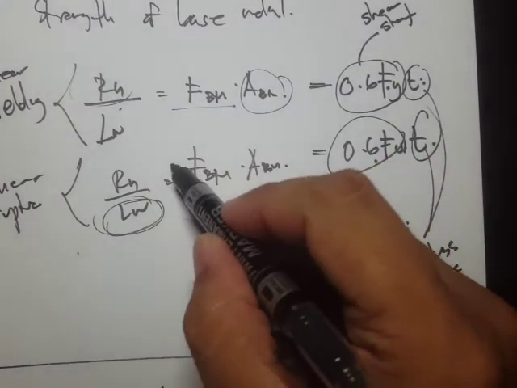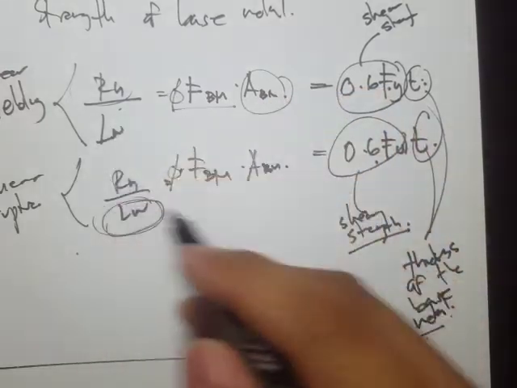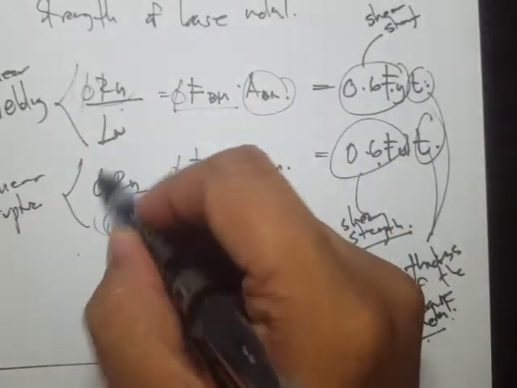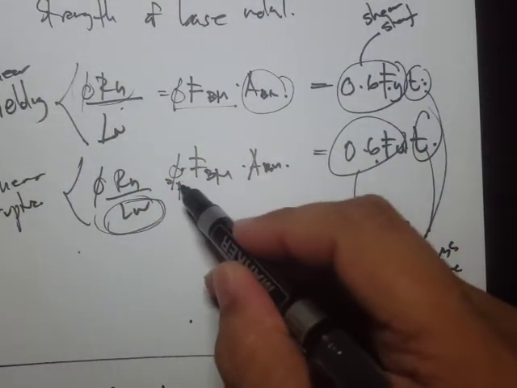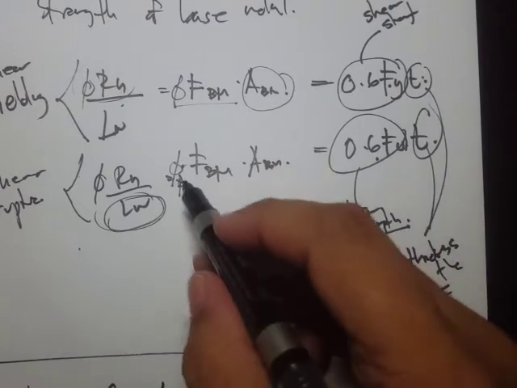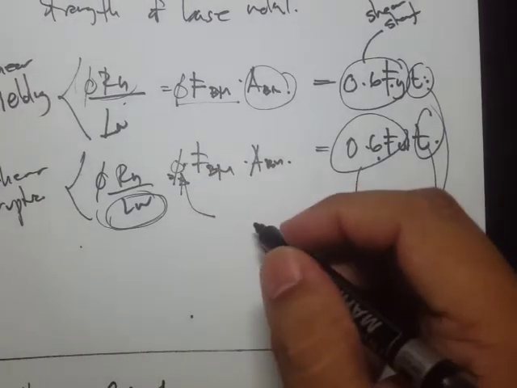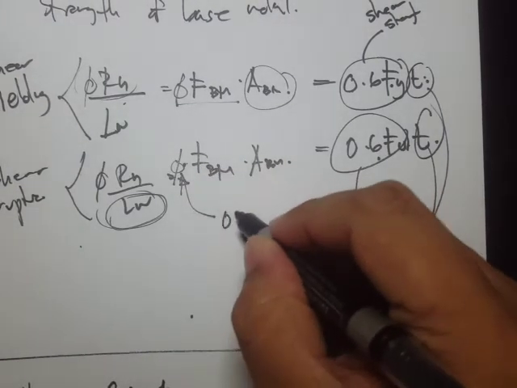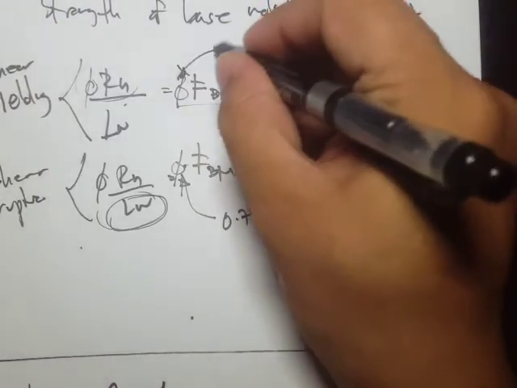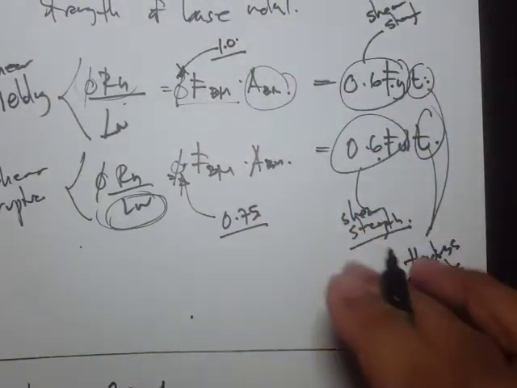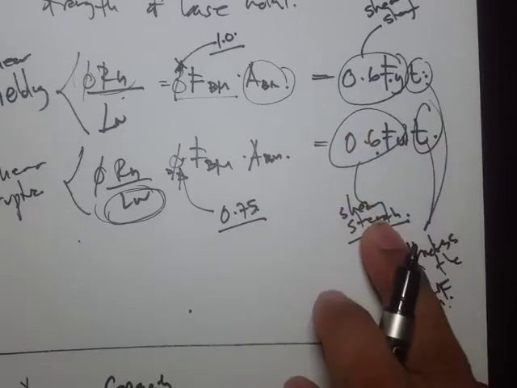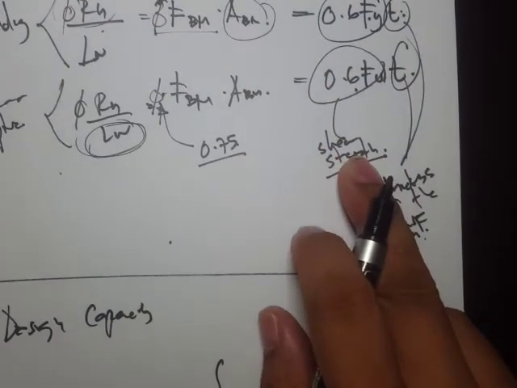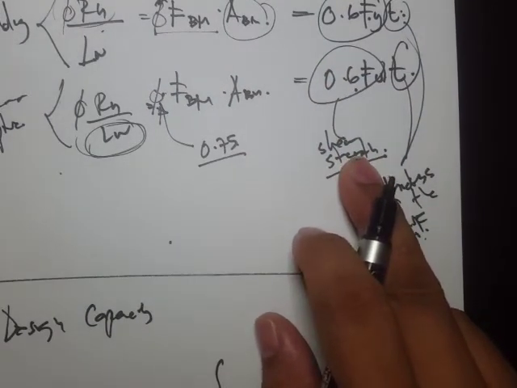But since there's a reduction factor, there's going to be a difference in the value. The reduction factor for this is 0.75, but this one is 1.0. So that's why we still have to check whichever will give the minimum.